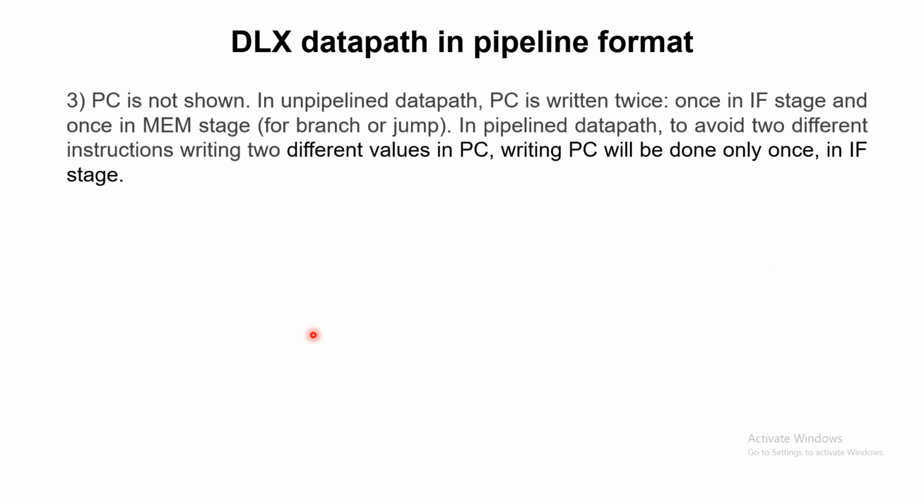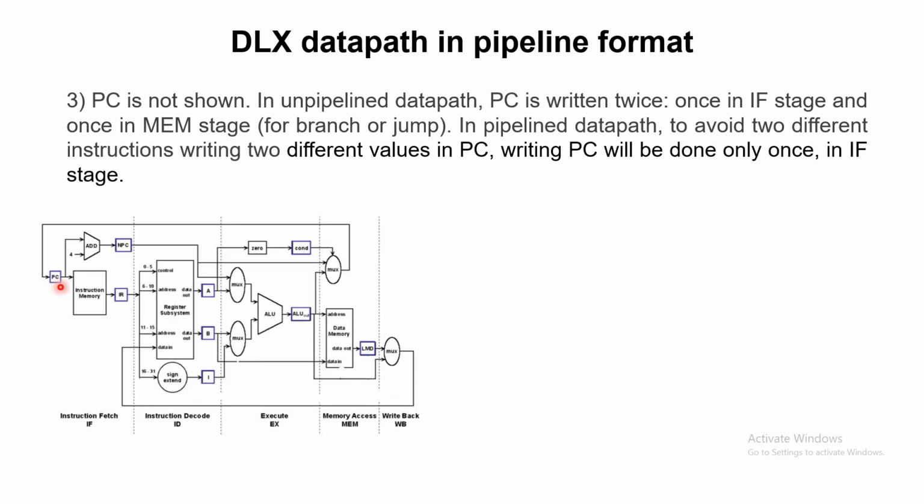The third point: if we look at our data path, we have not shown the program counter anywhere, in order to reduce the complexity. In the unpipelined structure, two program counters are involved. One is this PC in the fetching stage, and the second is also performing the operation of the PC, generating the address for the special instruction called branch.